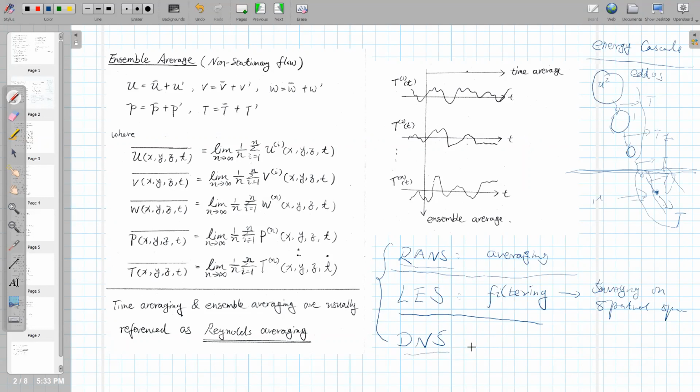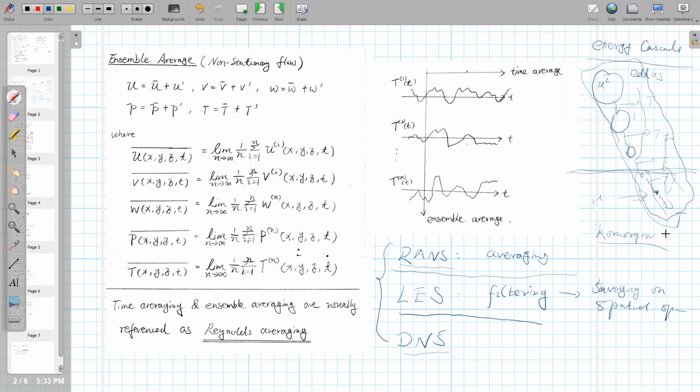Okay, now what's the DNS? The DNS is direct numerical simulation. The DNS basically is that you just try to solve all the scales. You try to resolve all the large eddies until the smallest eddy, and the smallest eddy is the Kolmogorov scale.